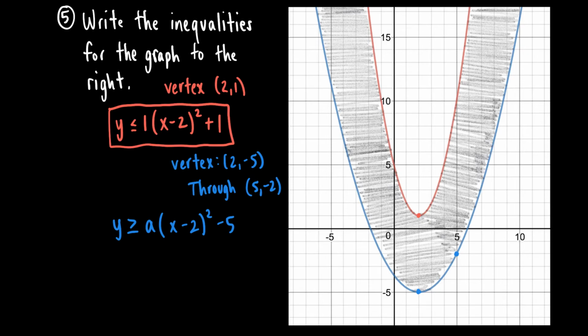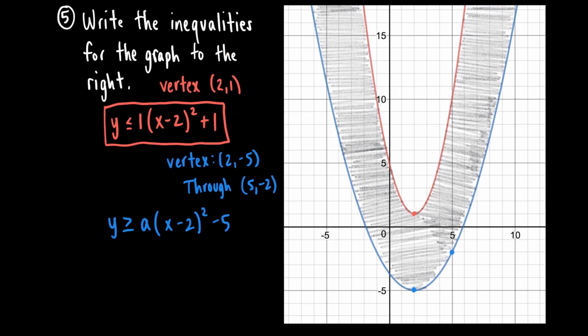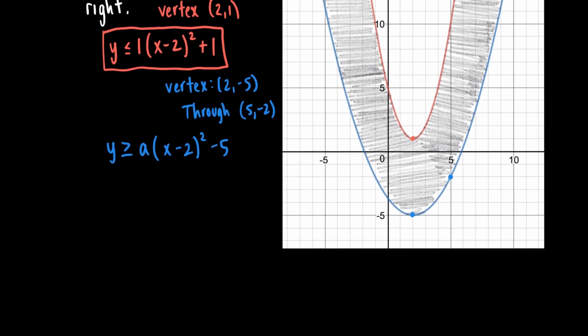Now we need to find a. The way we find a is we take our knowledge of the fact that this holds when we plug in 5 and negative 2. I'm going to briefly change this into an equal sign for just a minute.